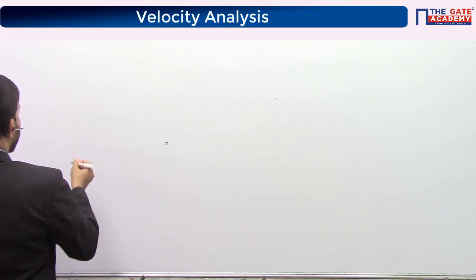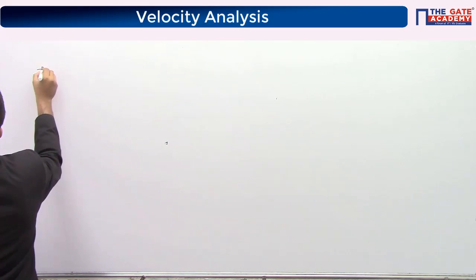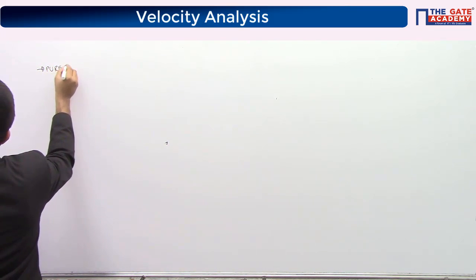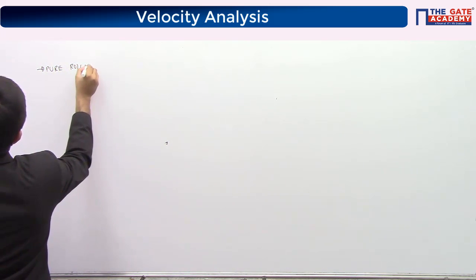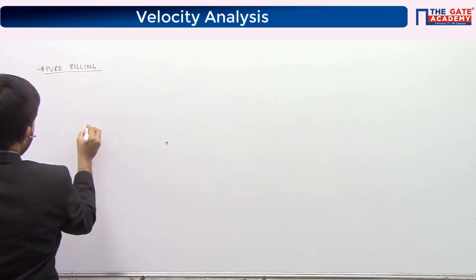So for pure rolling, where does the I center lie? For pure rolling motion, where does the I center lie?